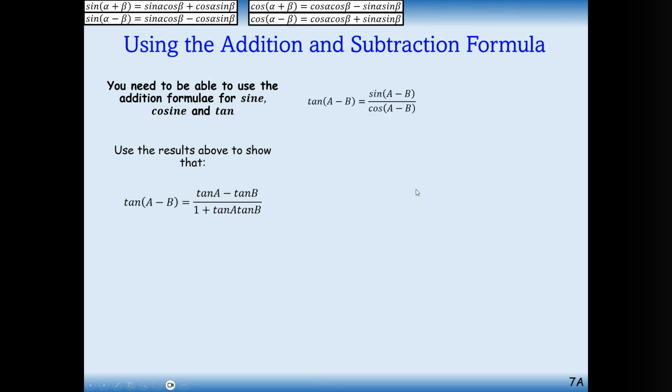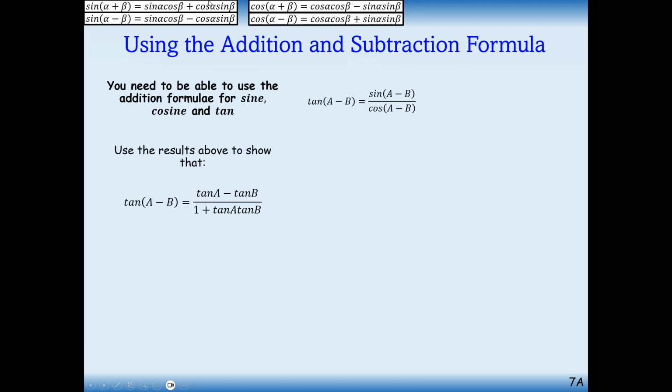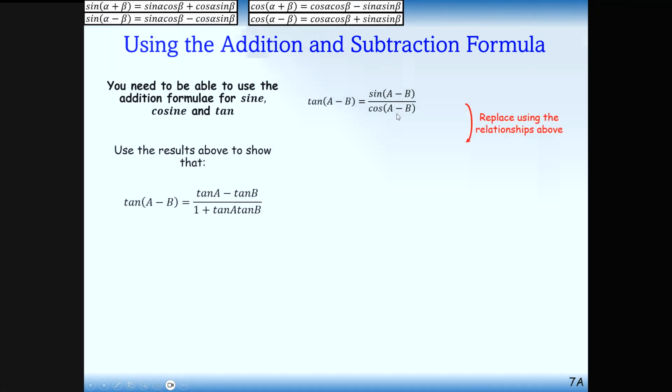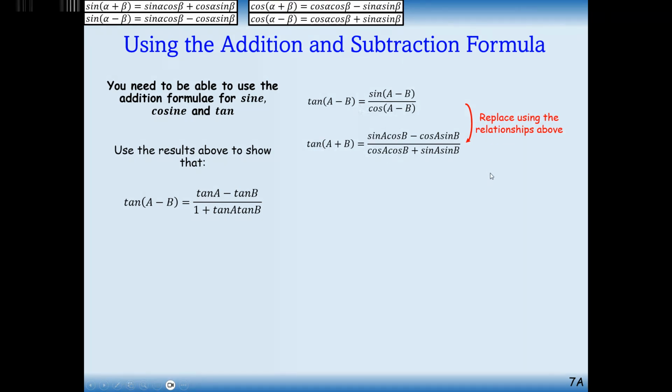So we'll have such an expression, and using the subtraction formulas on top of the page for sine and cos, we can replace the numerator and denominator by these expressions. And again, we're going to divide each and every term of this fraction by cos A cos B.